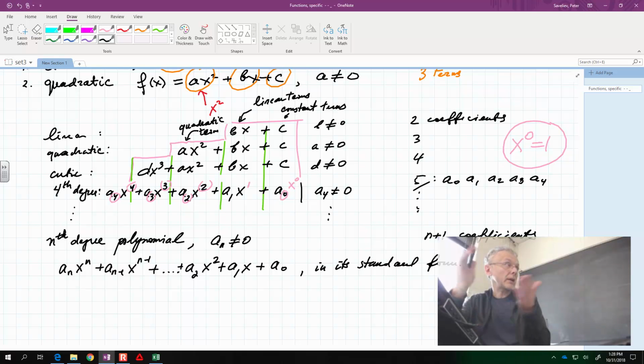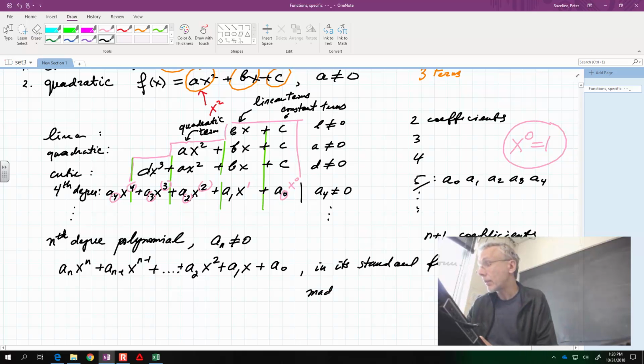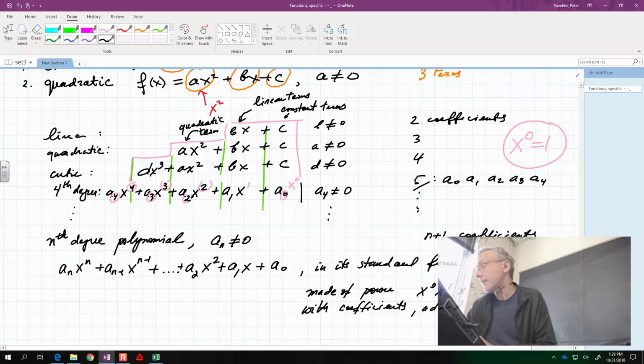It's made of powers, up to n, meaning x to the 0, x to the 1, x squared, up to x to the n, with coefficients, and then added together. So that's what it looks like algebraically, even though you might not be necessarily computing in this fashion.